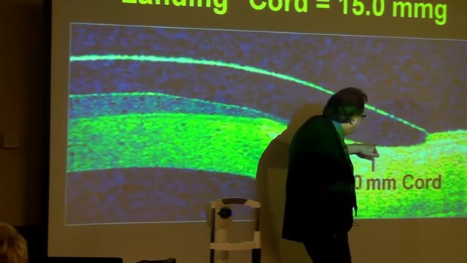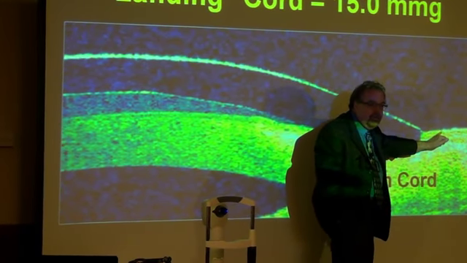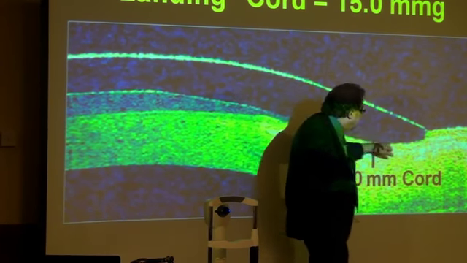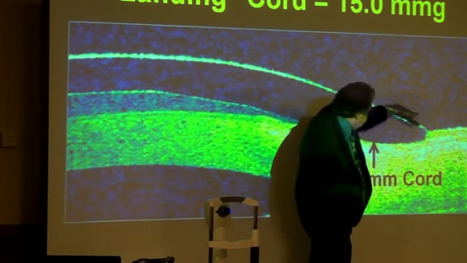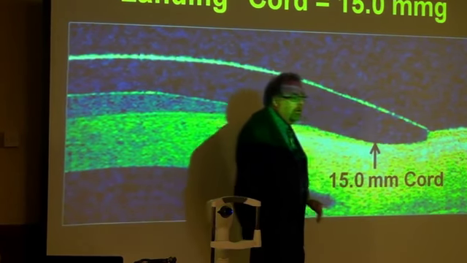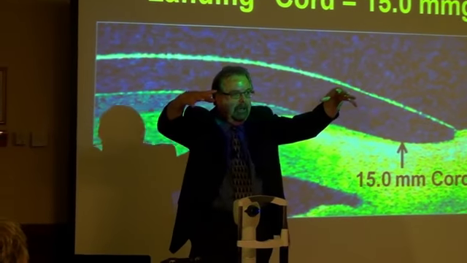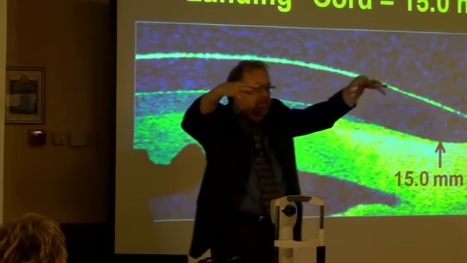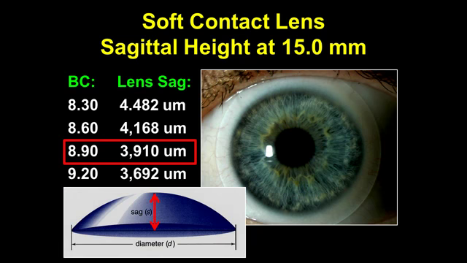From 15 millimeters on, the lens begins its departure and leaves the surface of the eye, and then obviously ends up joining up with the front curve. So the actual fitting portion, where it comes to rest, is at that chord of 15 millimeters.